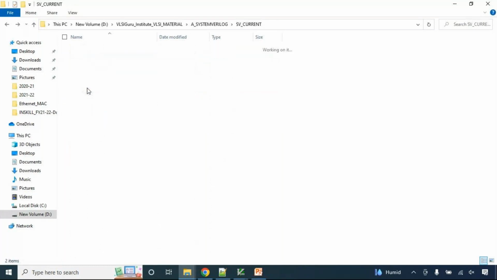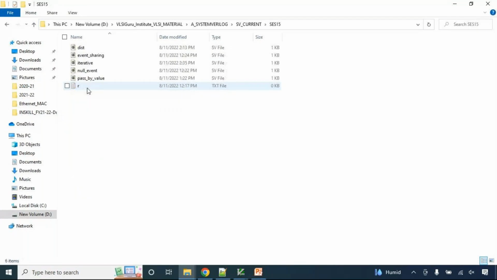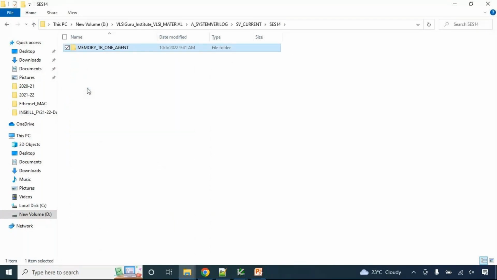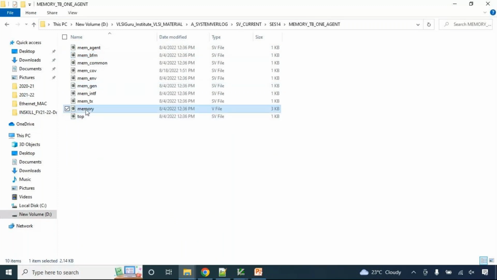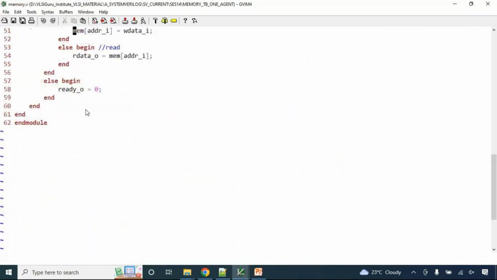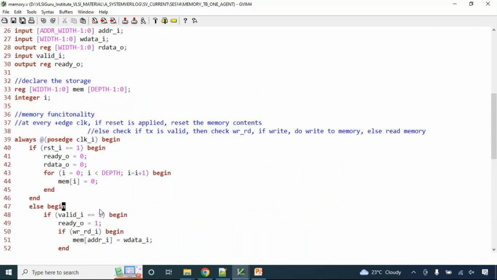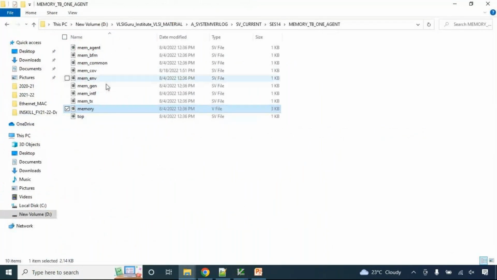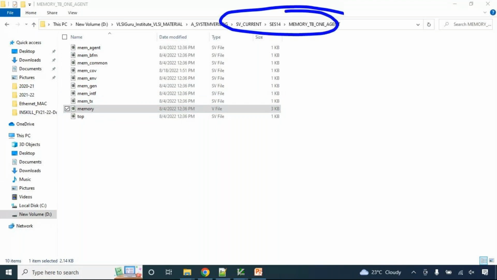Take one memory example: if a memory design is given, how to set up the entire test bench, like BFM, generator, coverage, monitor, all those things. First just with one agent, then we do it with multiple agents. This is all done as part of the SystemVerilog language training only. Now the question is, are you capable of doing that?